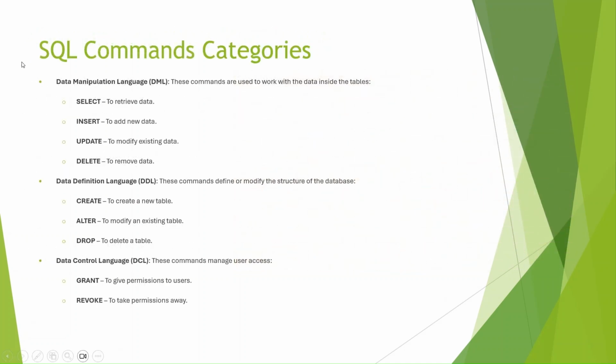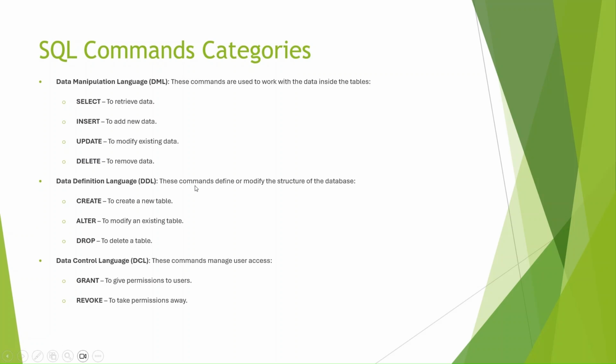Let's have a look at some SQL command categories. They are the most common types. First, data manipulation language, DML. These commands are used to work with data inside the tables. These consist of SELECT to retrieve data, INSERT to add new data, UPDATE to modify existing data, DELETE to remove data. Then comes data definition language, also known as DDL.